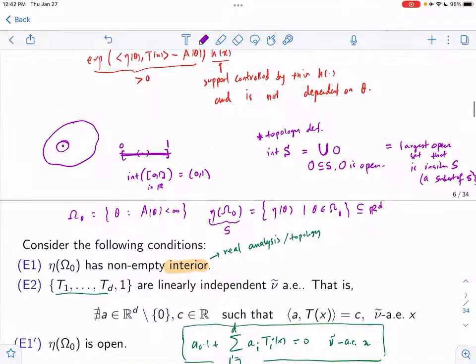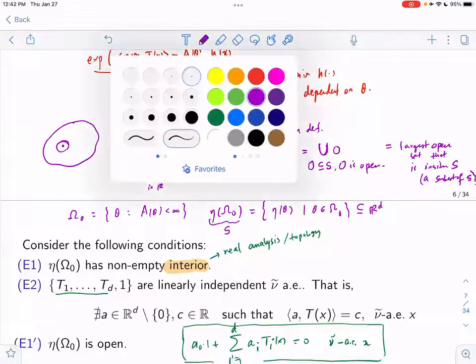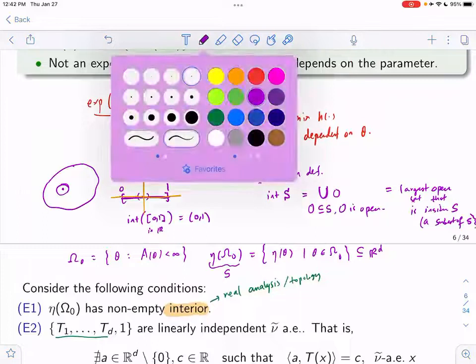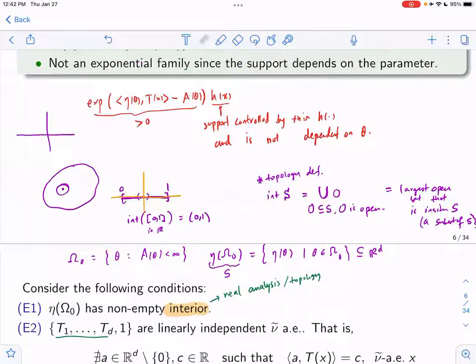The interior of this, if you view this interval as a subset of R2, what would the interior be? Something like this. So think of this as a subset of R2. What is the interior of this? This is like -1 to 1, let's say.